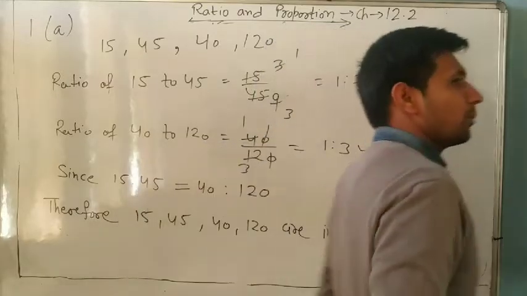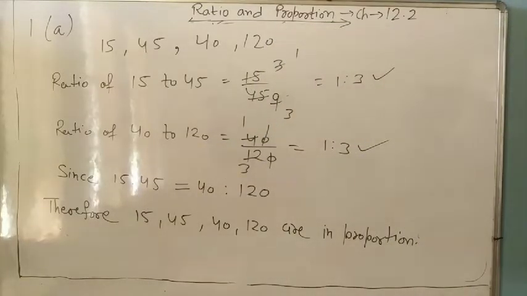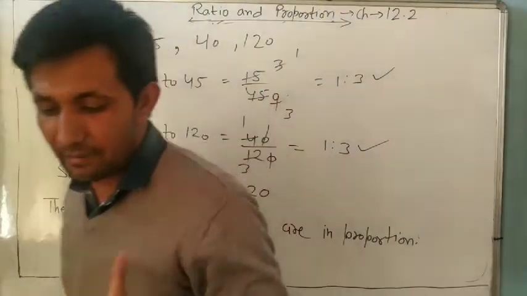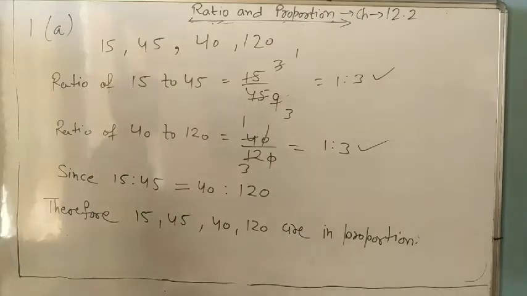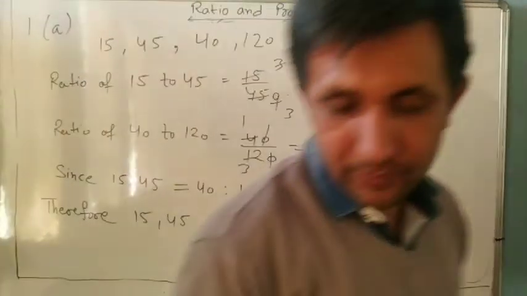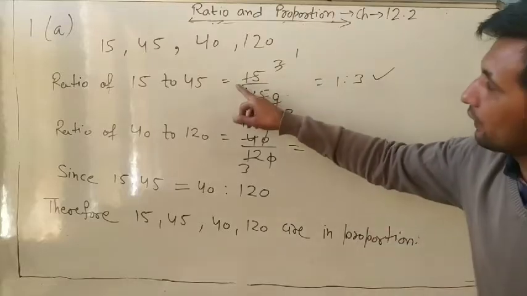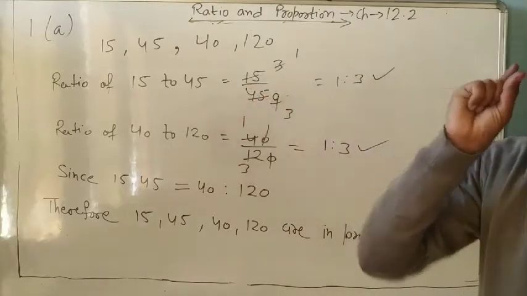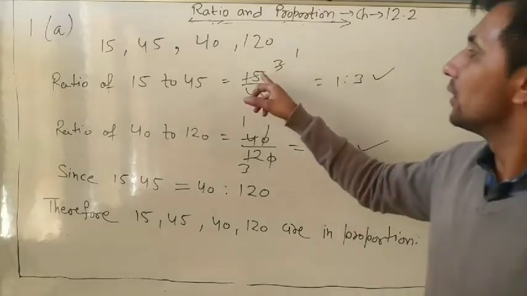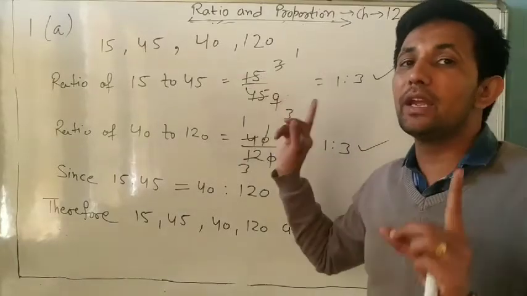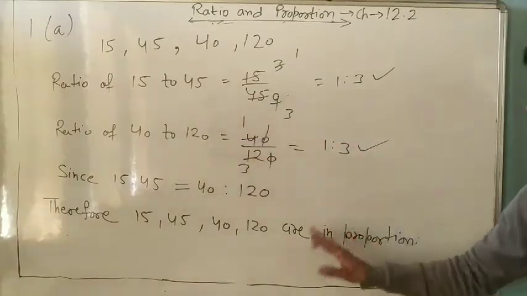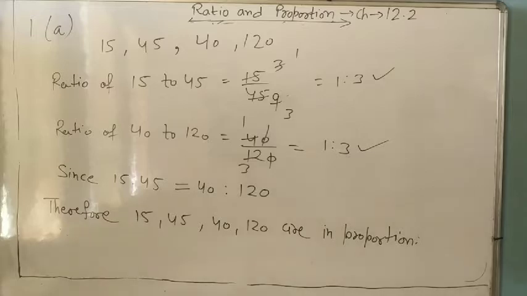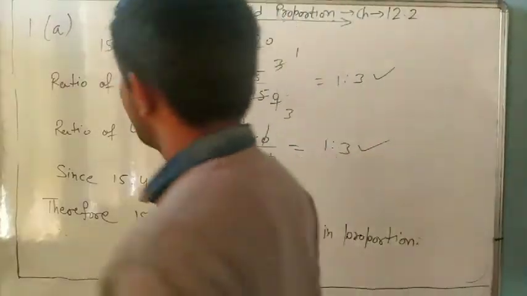It is your first question. Same as it is B, C, D, E, F, you can do yourself. In every part we write the fraction, like 15 upon 45, in lowest form. Until we get no common factor, we will cut it. That is 1/3, and they are in proportion. Understand? Okay. Now, next question, second.